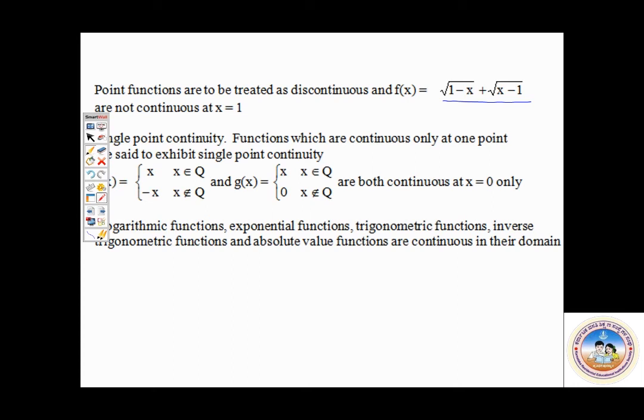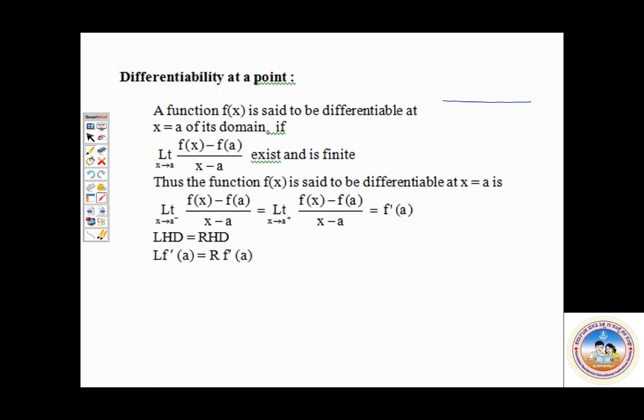Therefore, only at 0 it is continuous, rest of all the places it is discontinuous. So therefore they are single point continuity. And you should know that logarithmic functions, exponential functions, trigonometric functions, inverse trigonometric functions, and absolute value functions are continuous in their domain. Okay, now these are the important information about continuity.